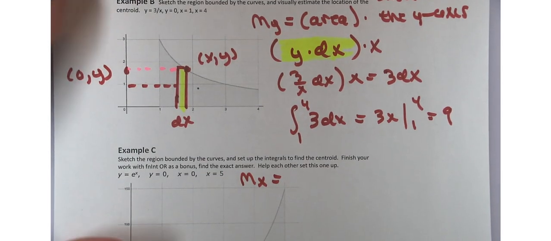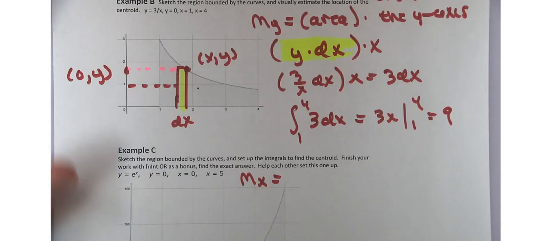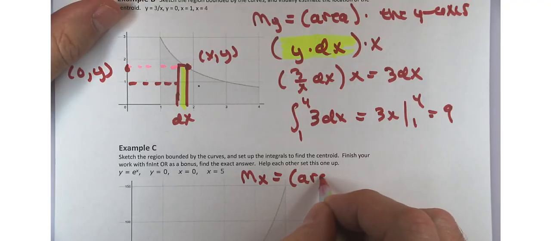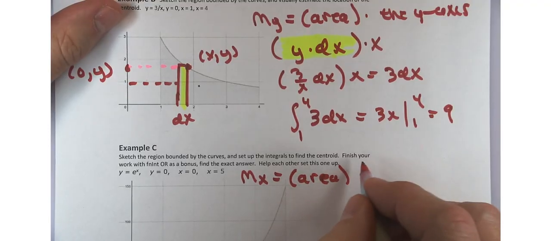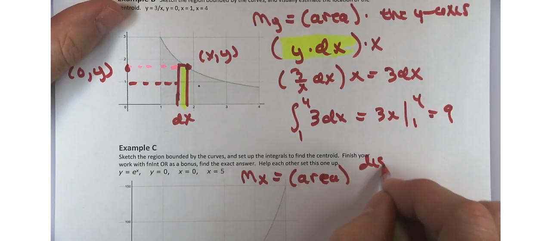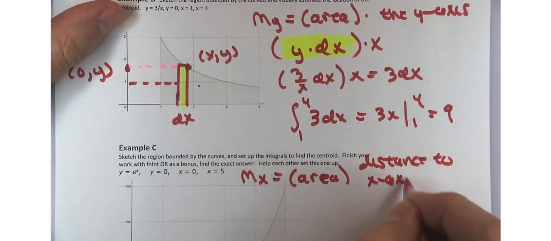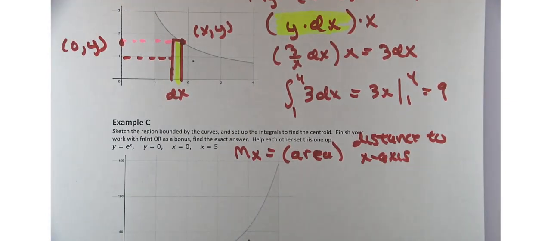M sub x, let's see. Again, it's going to be area times the distance, this time to the x-axis. All right, help me out.